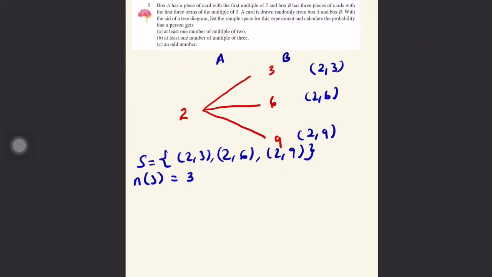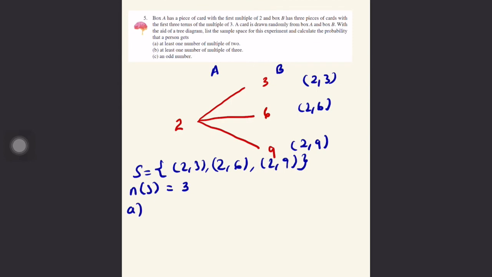Okay, the first question. At least one number is a multiple of 2. From this sample space, it wants at least one number that is a multiple of 2. So all of these have multiples of 2, right? So we list first.